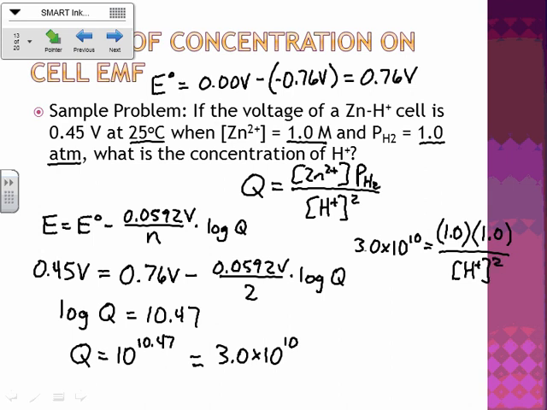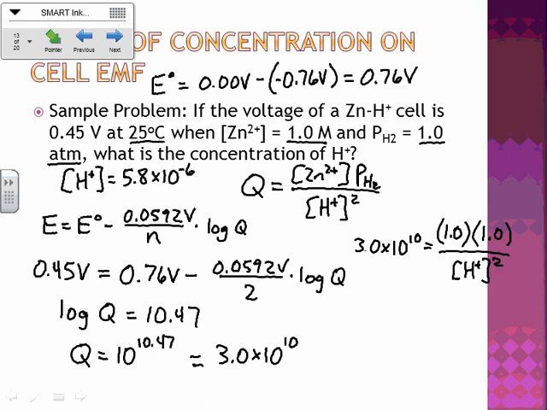So then if we're going to solve for this, we're going to eventually end up taking 1 divided by the 3 times 10 to the 10th. And then we have to take the square root of that number, because we've got H plus squared. So we should end up with a 5.8 times 10 to the negative 6th as our concentration for H plus.